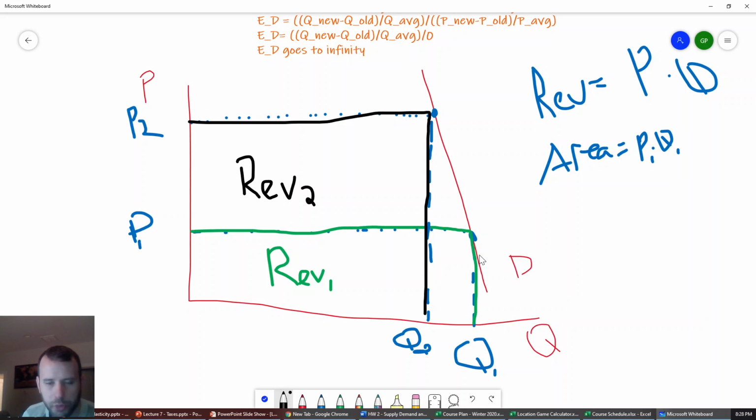So you increase the price, quantity demanded shifted in, but it didn't shift in by a lot. And just judging by the picture, this area that you gain is much bigger than this area over here that you lost, okay? So Rev 2 is greater than your revenue 1, okay?